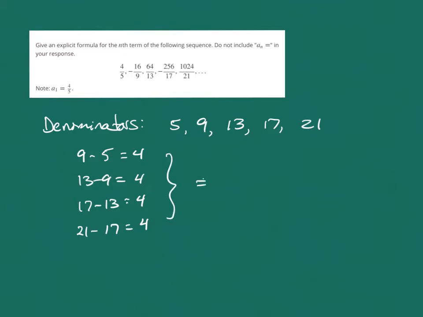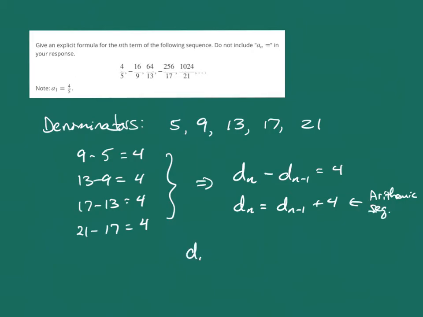So what this is telling me is that if I use d for our denominators, d sub n, the difference between two consecutive denominators is always 4. Put another way, d sub n is going to be d sub n minus 1 plus 4, which I recognize as an arithmetic sequence, for which I then know what the closed form is.